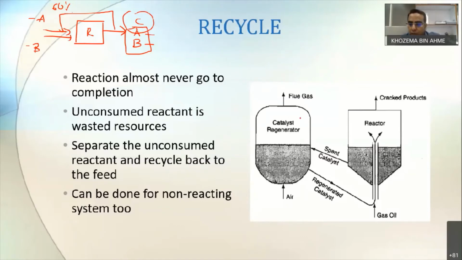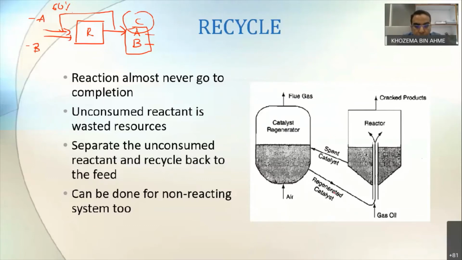This is an example of a recycle that we use, called fluidized catalytic cracking. This is more of what you have in an oil and gas plant. Here we are not recycling our unreacted product, but we are recycling our catalyst.